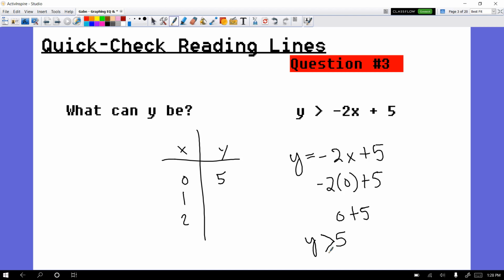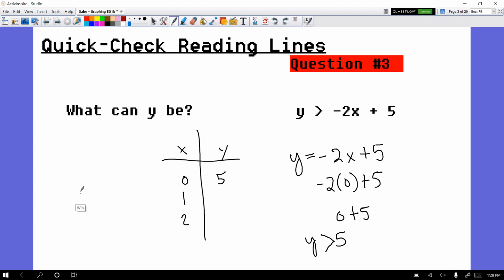Now, if we're saying that y is greater than 5, what would be a number that's greater than 5? Now, if we had this underneath the symbol, greater than or equal to, 5 would work, but we don't, because 5 is not greater than 5. So a number that's greater than 5 is 6.